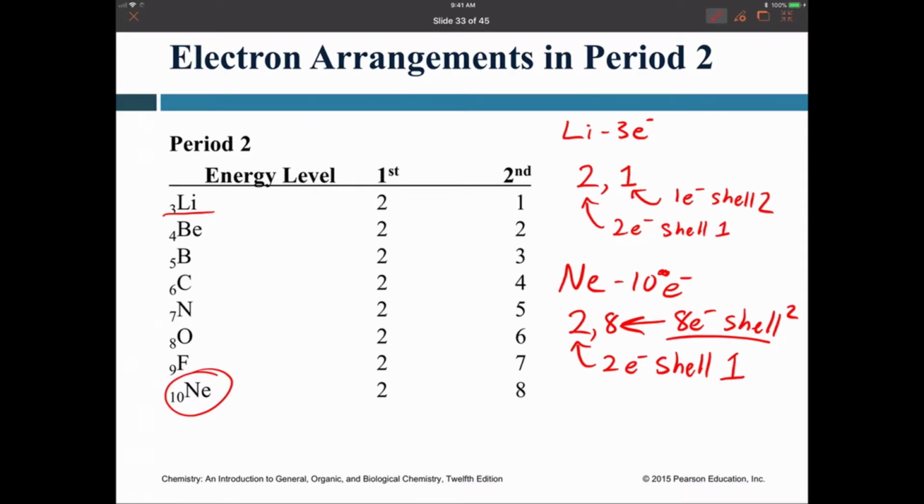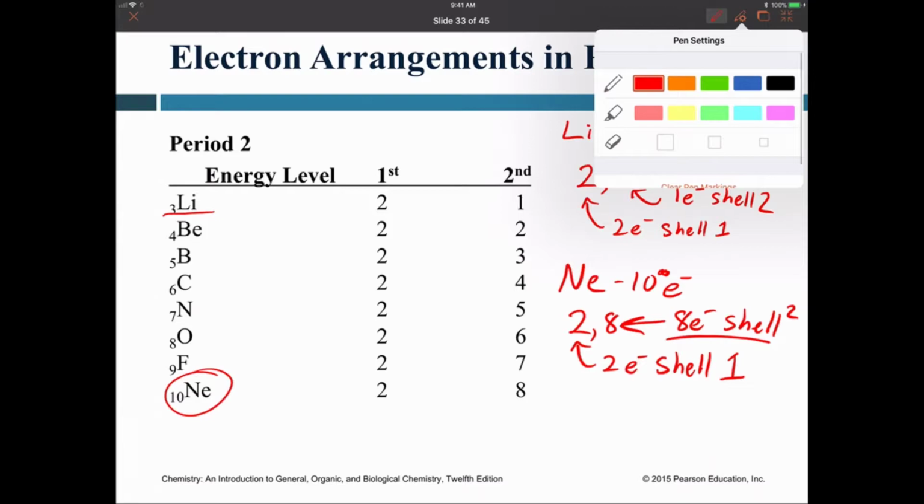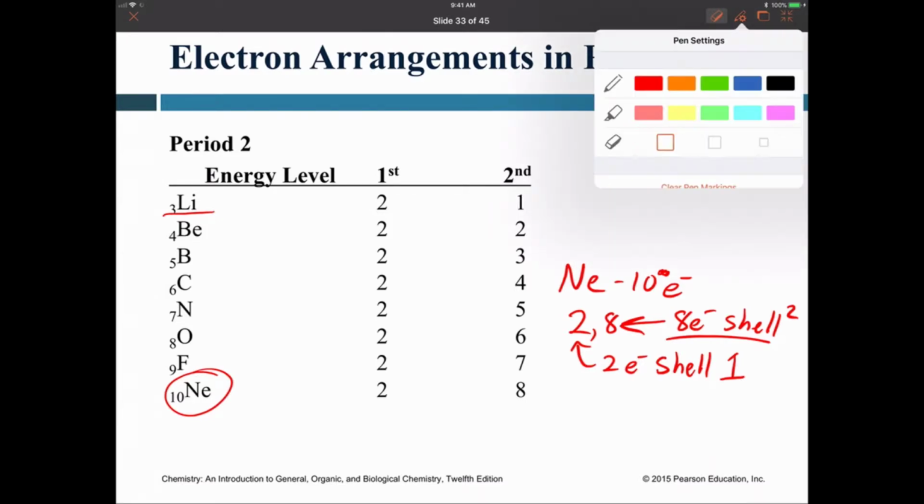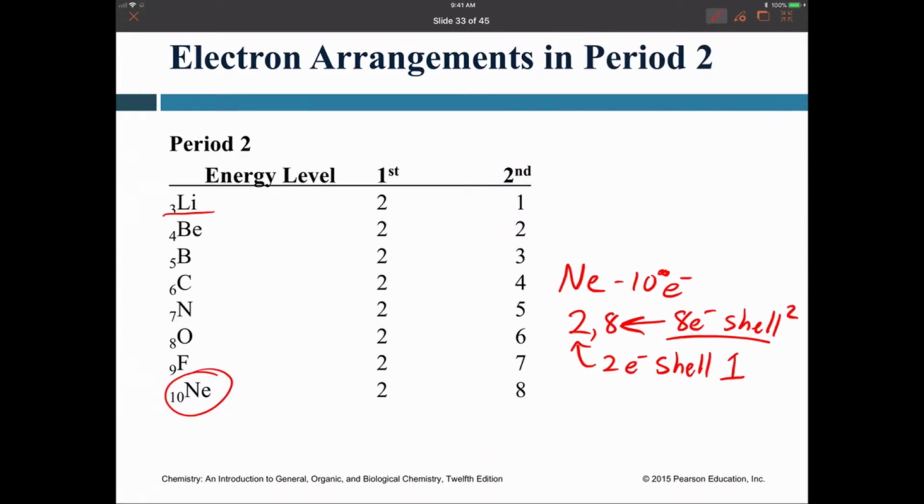So let's say we want to do the electron arrangement of silicon. So silicon has 14 electrons. Well, we have to have 2 on the first shell, 8 on the second shell.